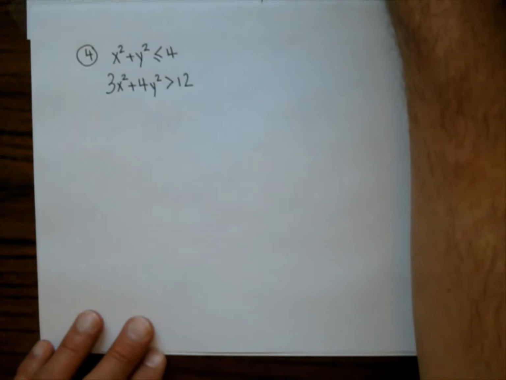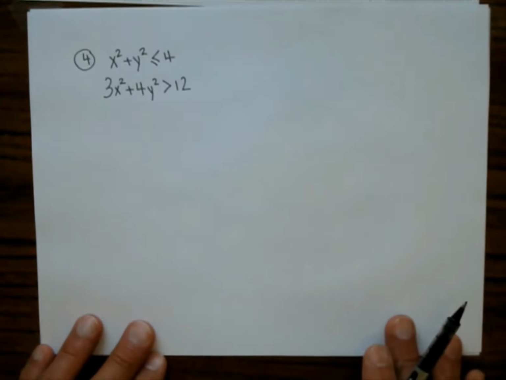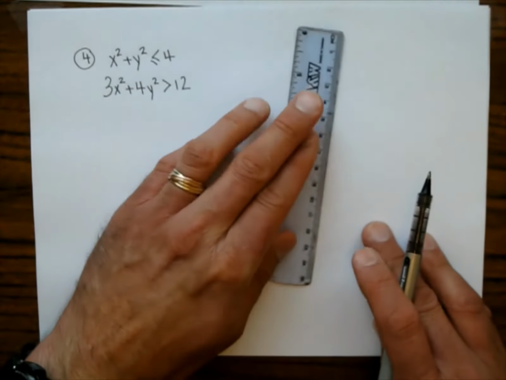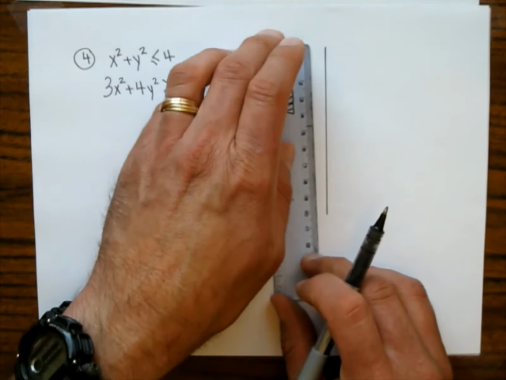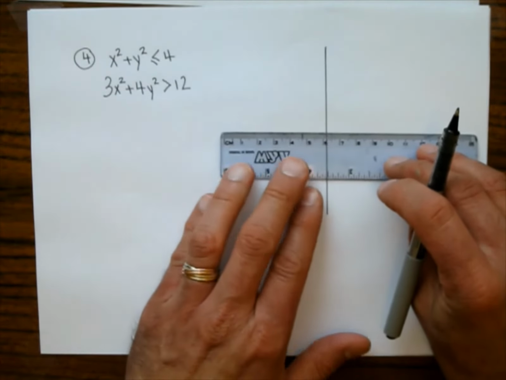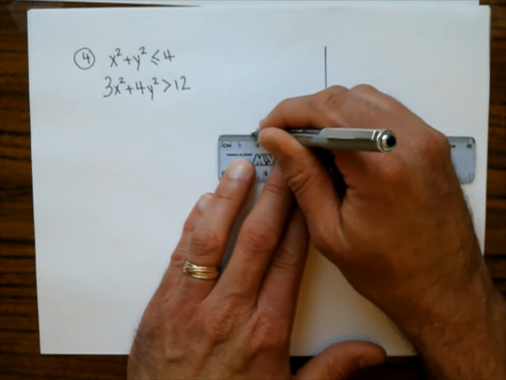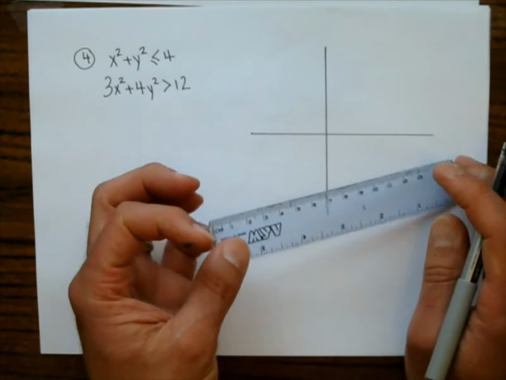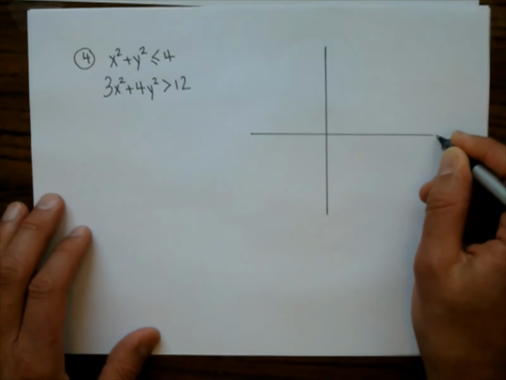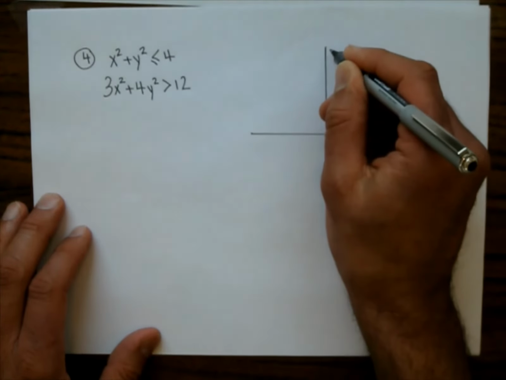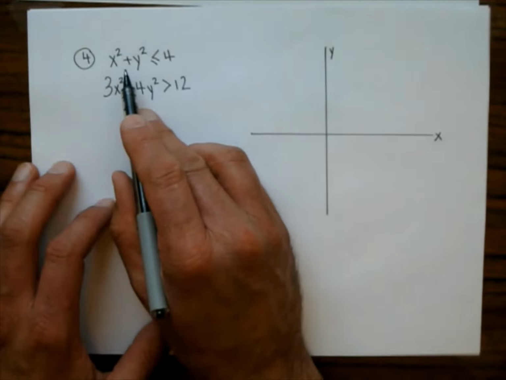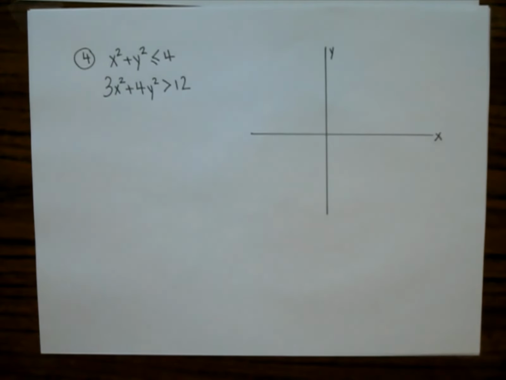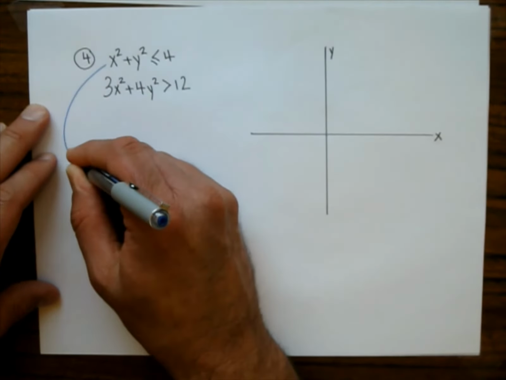Okay, so that's the first thing to realize. And so my picture is going to go right here. This picture is going to represent the points that these guys have in common. So it's actually going to be almost the same picture that I just did when I drew the ellipse and the circle. But we're going to put some shading on that picture. Okay, so let's go ahead and do this part in blue.